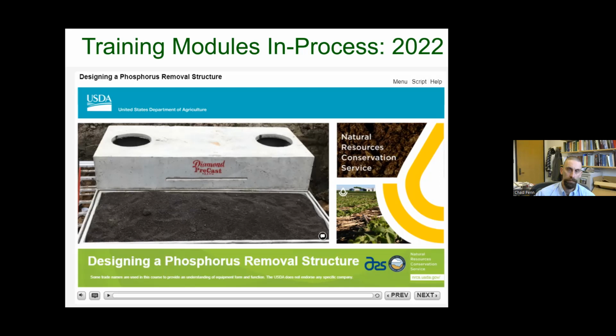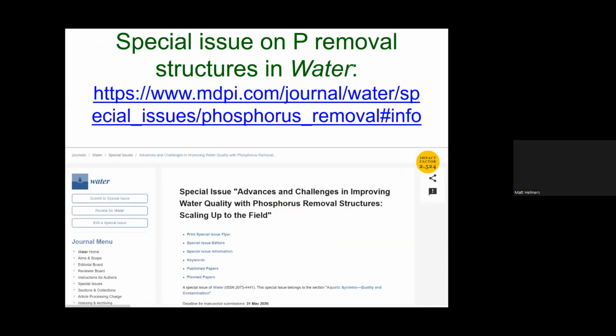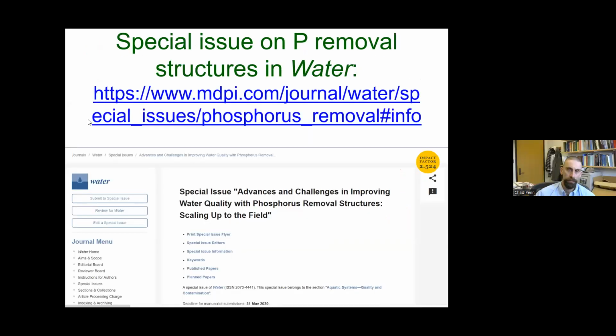The engineering one is obviously going to be a bit more involved. And so, like I said, people can then become certified in design or at least learn a tremendous deal about them in great detail. I'm working on the last set of modules, and they should be done by the end of this year. The special issue on phosphorus removal structures in the Journal of Water.